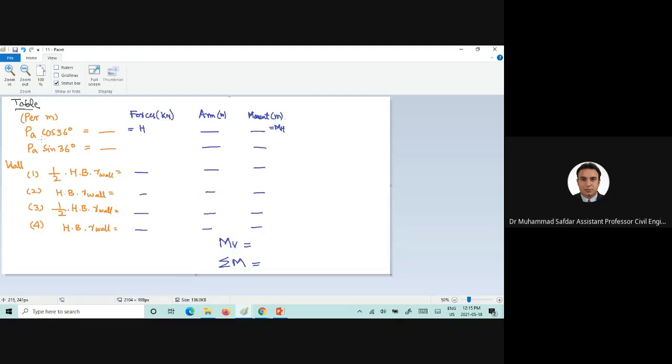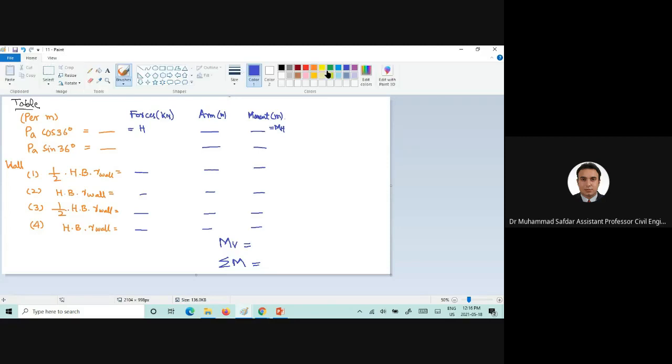Now, what should be the value for PA cos 36 degrees? 125.81. Okay, so let me take a greenish color here. 125.81. Okay, 125.8. That's fine. So this would be the horizontal force.